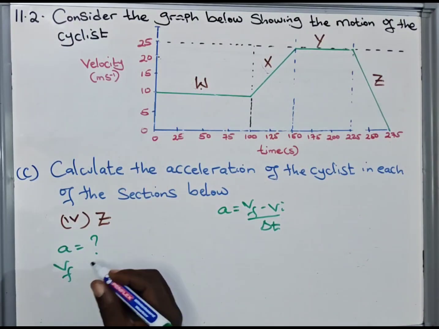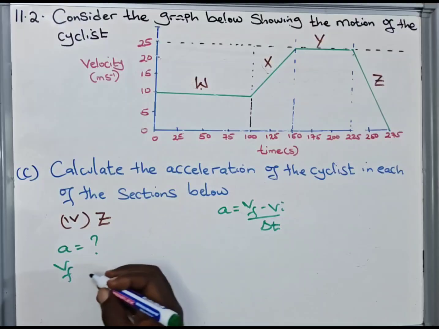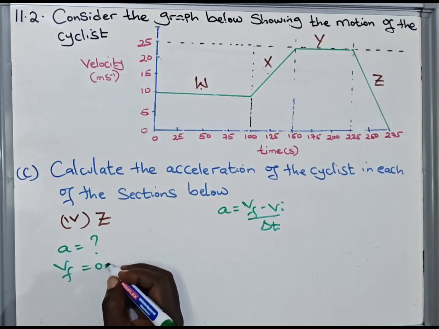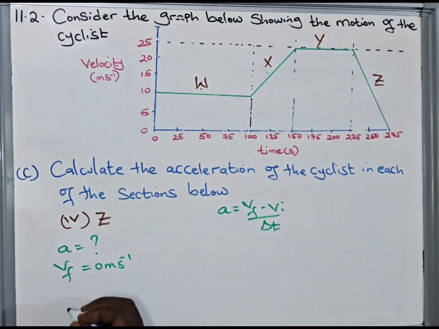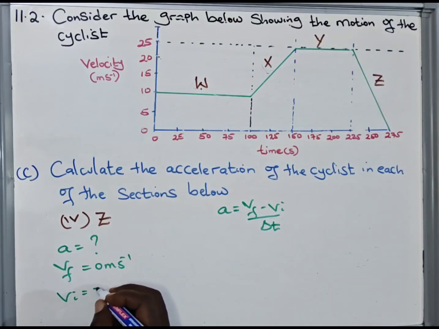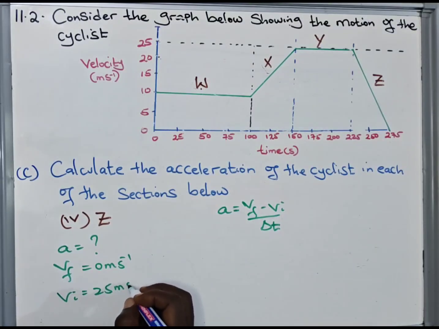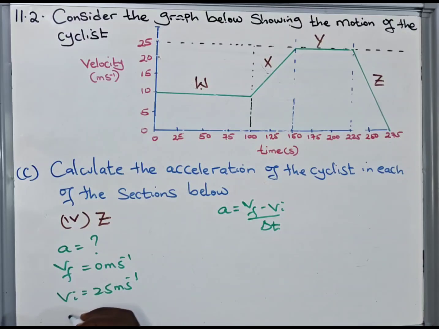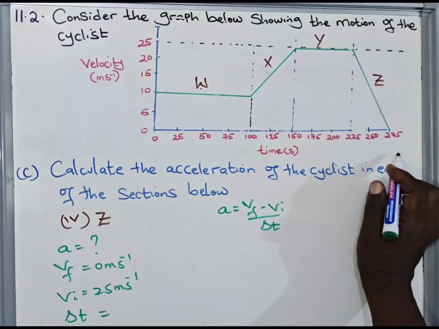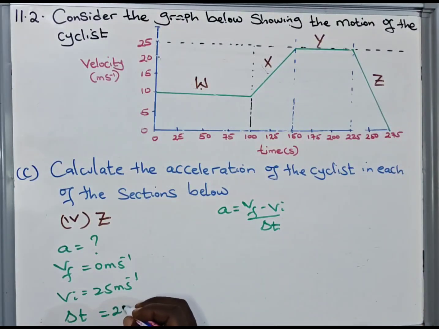Final velocity is 0 meters per second. Initial velocity is 25 meters per second. Change in time is 275 minus 225.